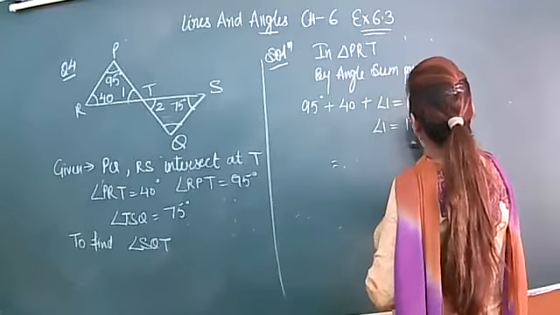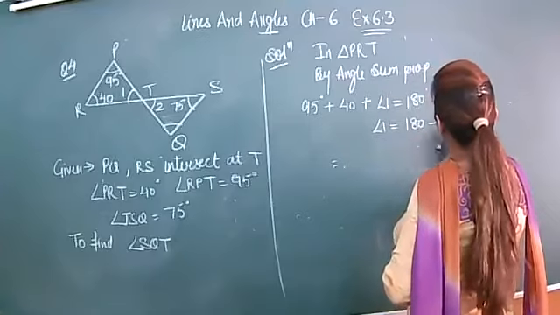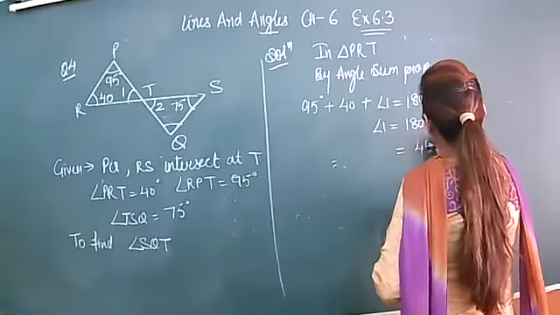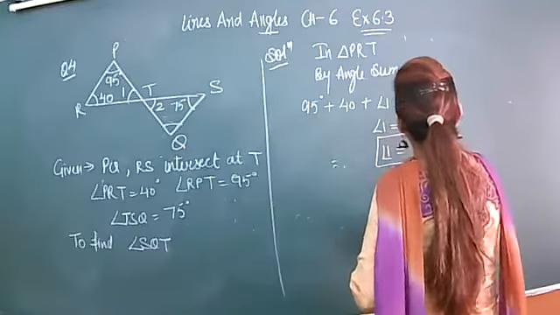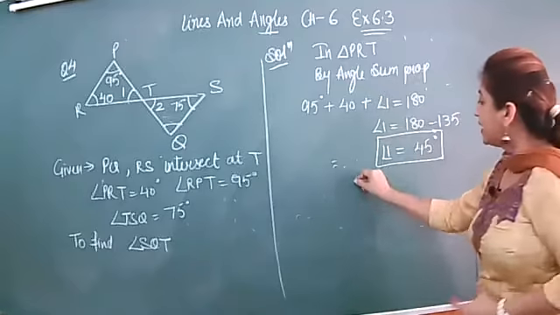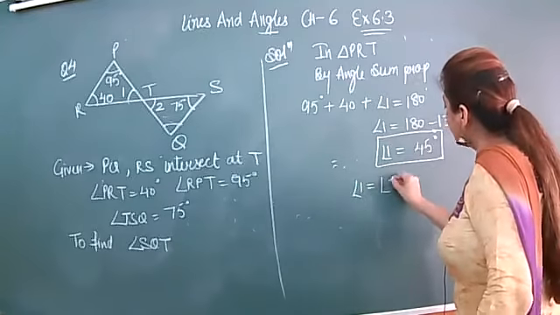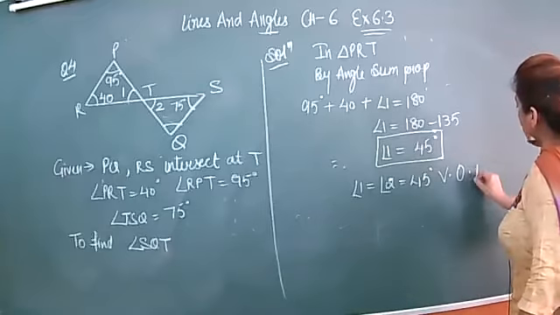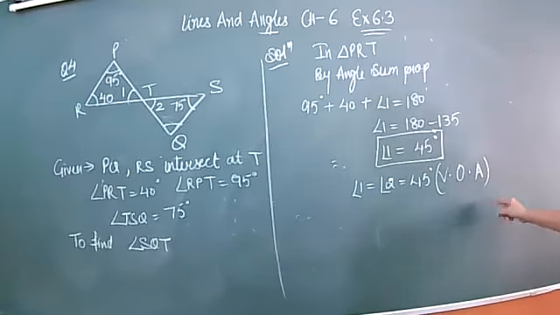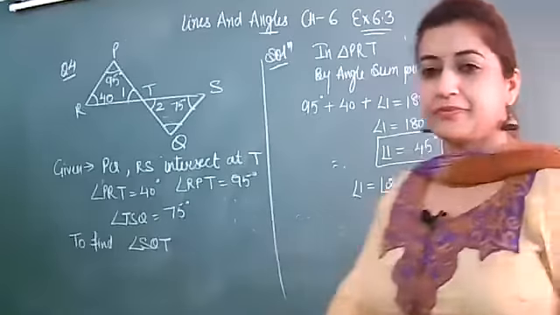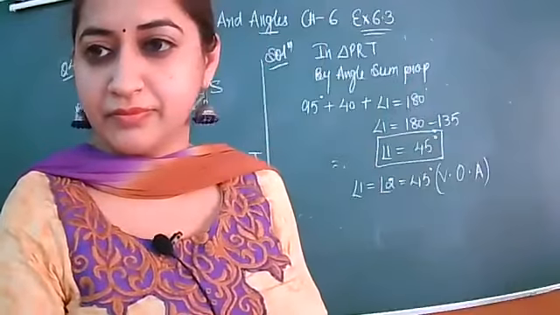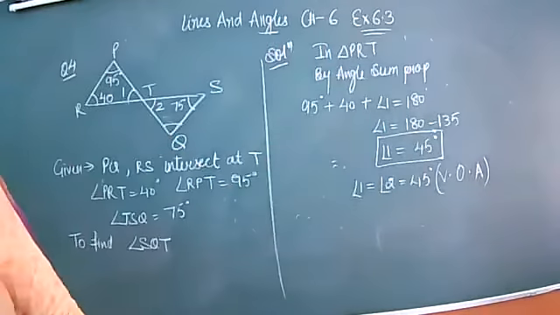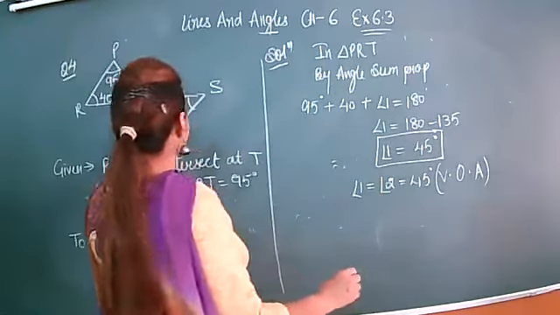Angle 1 is 180 minus 135, that is 45. So angle 1 we have got as 45. And angle 1 and 2 are equal because they are vertically opposite angle. So you will write it completely. Angle 2 will also be 45 degree.